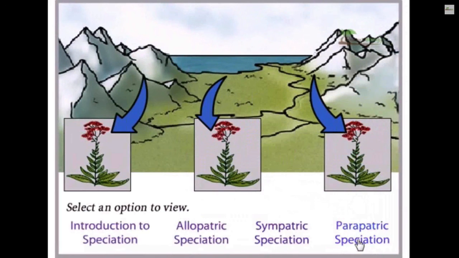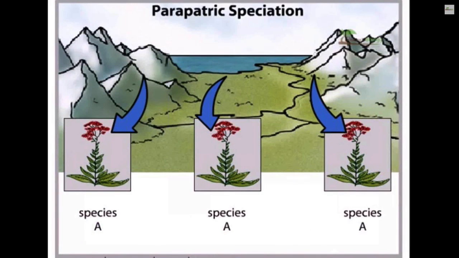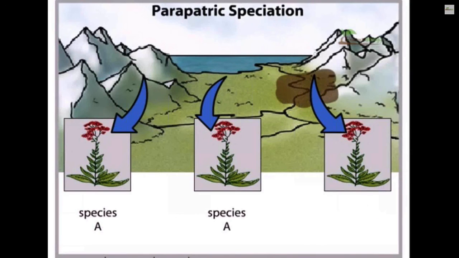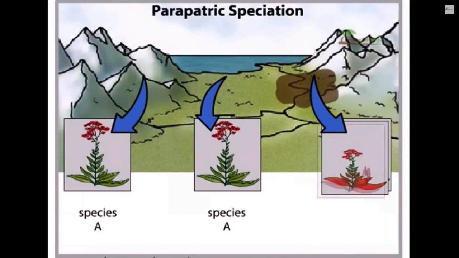Parapatric speciation results from reproductive isolation between adjacent members of a population. Suppose one edge of the valley becomes a dumping ground for DDT waste. This abrupt change in environment will be mostly destructive to plant growth.